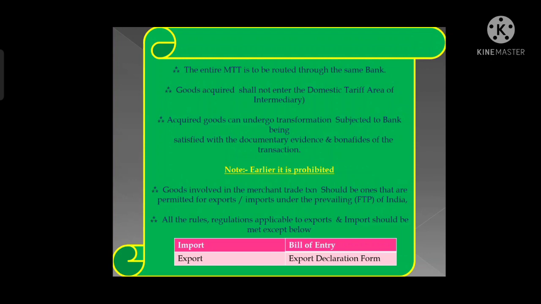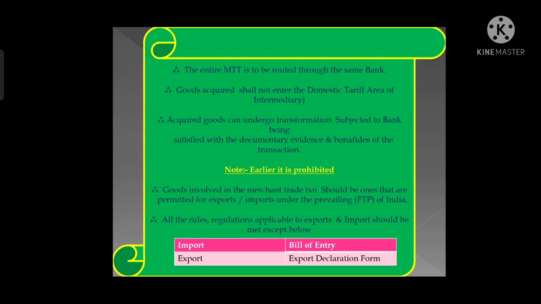Under the import and export legs of merchanting trade, in the import leg the merchanter is not required to submit the bill of entry. Under the import leg payment or settlement, the importer or merchanter is not required to submit the bill of entry.